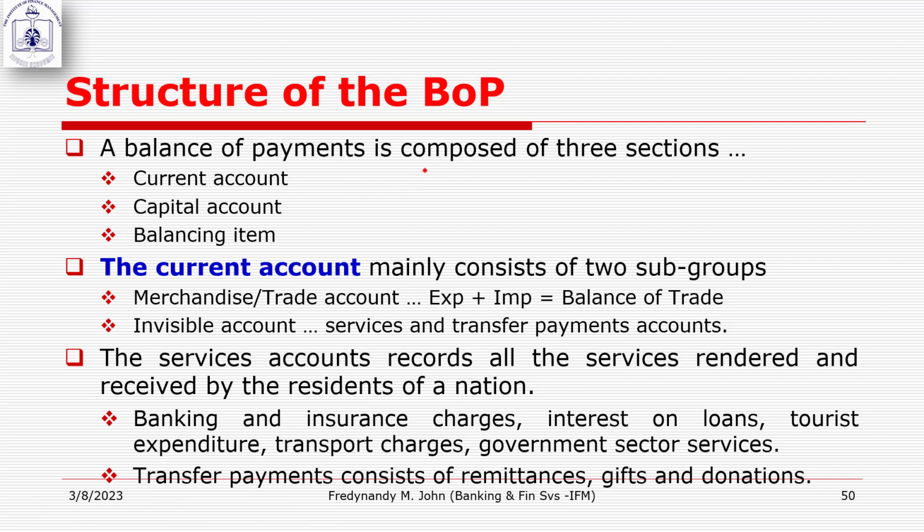let's assume that country A has the following data for exports. Export of goods is 200, and export of service is 90. This gives us 290.